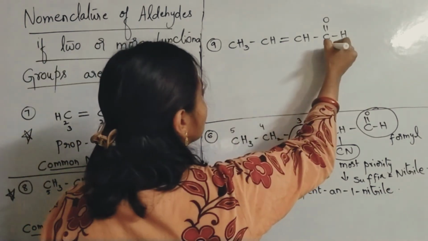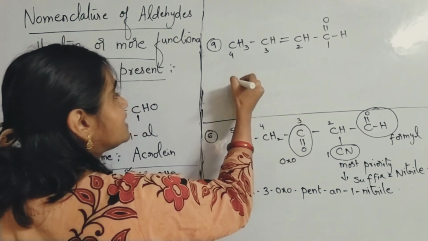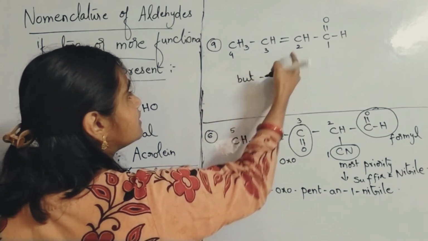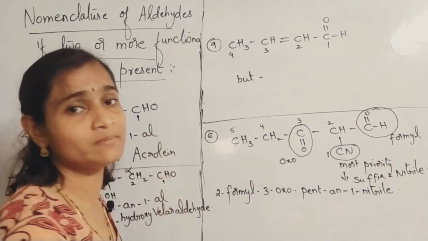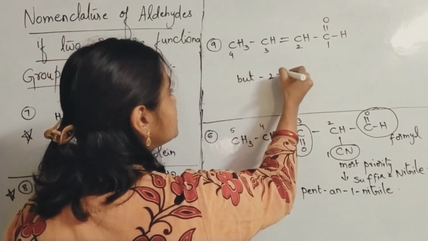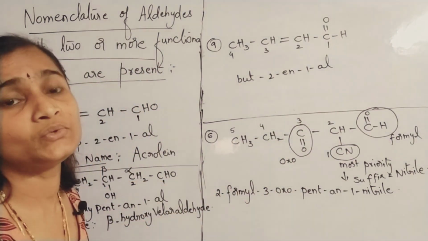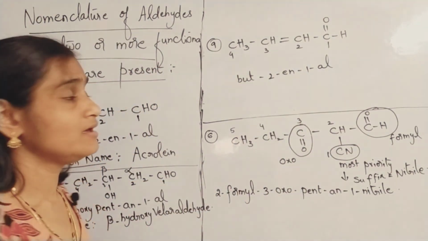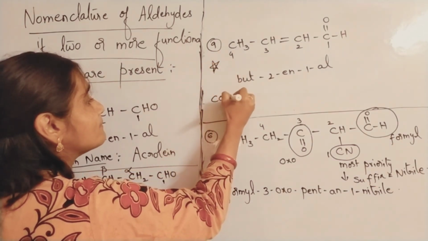Here 1, 2, 3, 4, so 4 carbon atoms are there. So but, and in between second and third carbons you have a double bond. So but-2-en-1-al is the name of this compound. Here also you have to concentrate on the common name.